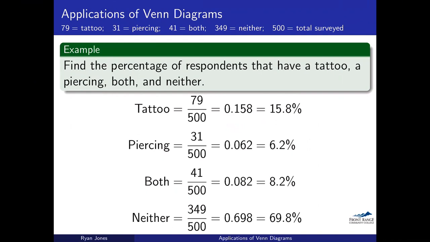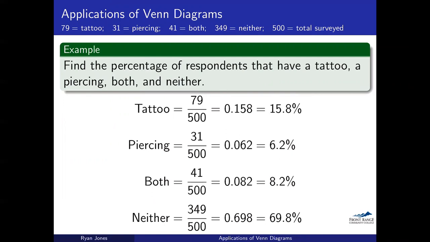Maybe something else altering the body there. Maybe that survey asked people that have a tattoo, a piercing, a plastic surgery, maybe some combination of them, maybe all of them, maybe none of them. And so there's a lot more options there. So it can get a little bit more confusing if we have three different circles in our Venn diagram.